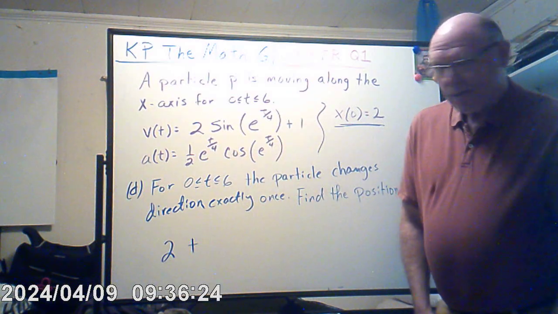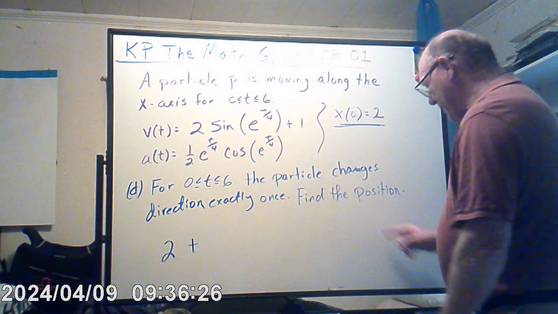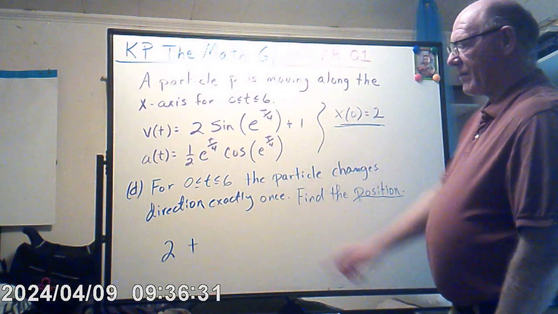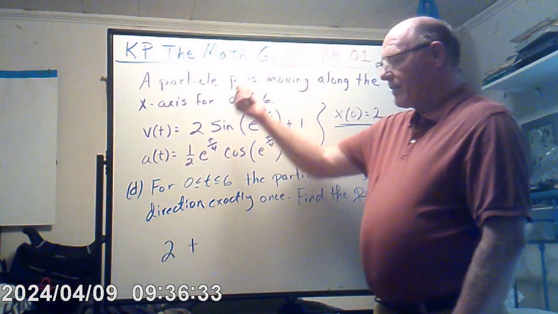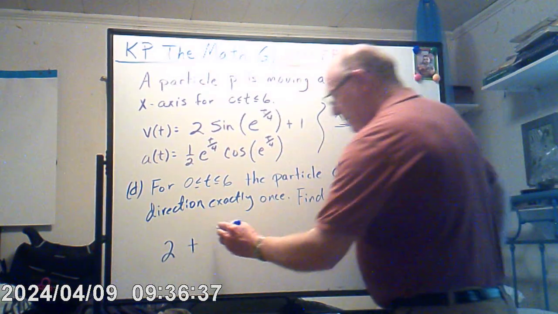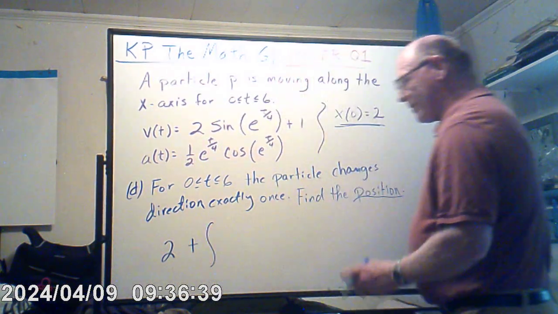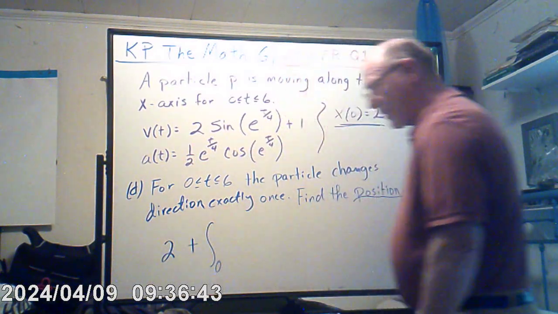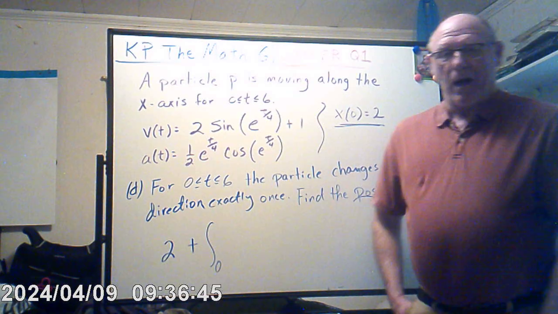Now, if we're looking for position, we need the position equation. We have the acceleration, we have the velocity. Integrate velocity and we're going to have the position equation. But it's going to be at the time that it turns around. It's not going to be from 0 to 6. Do not make that mistake.